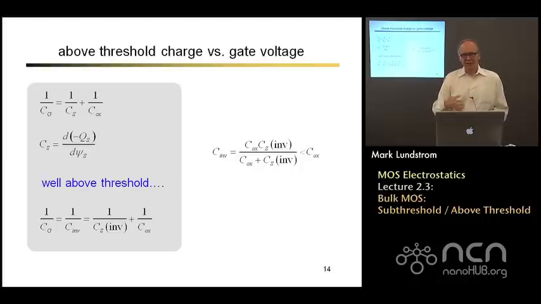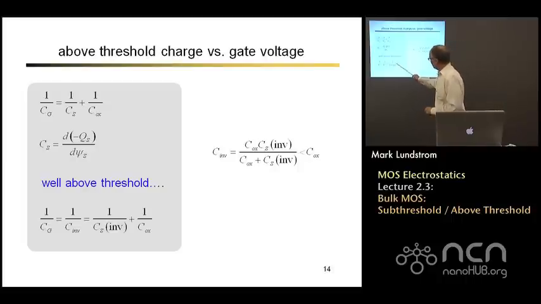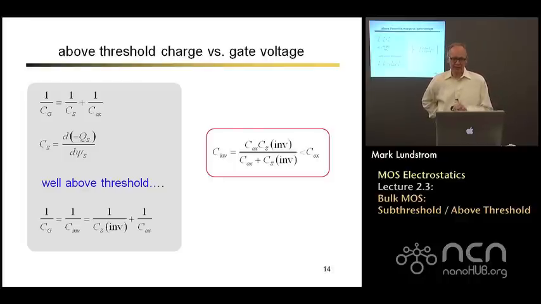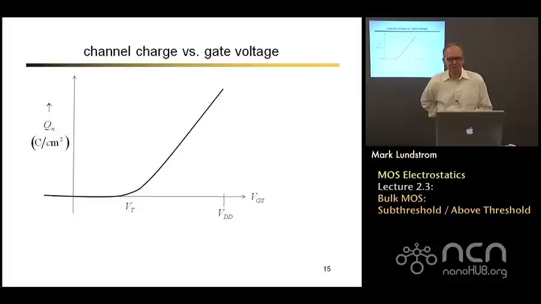What's happened with technology scaling is that the oxides have gotten thinner and thinner, such that both of these terms have to be considered, and we find now that in modern day devices the inversion capacitance is actually significantly less than the oxide capacitance. And it's something that we have to be careful about, and we will come back to from time to time as we discuss transistors throughout this course.